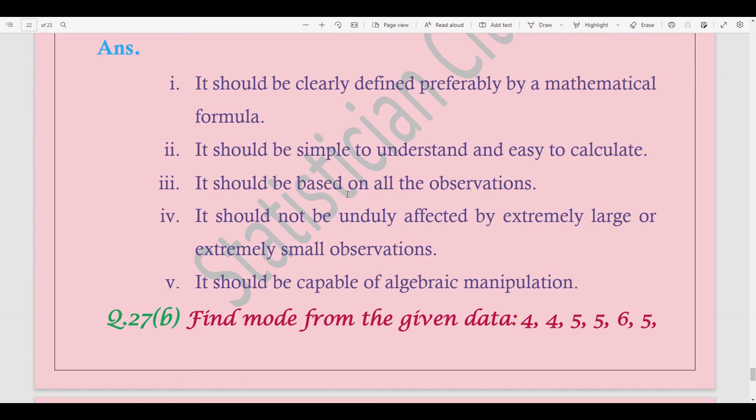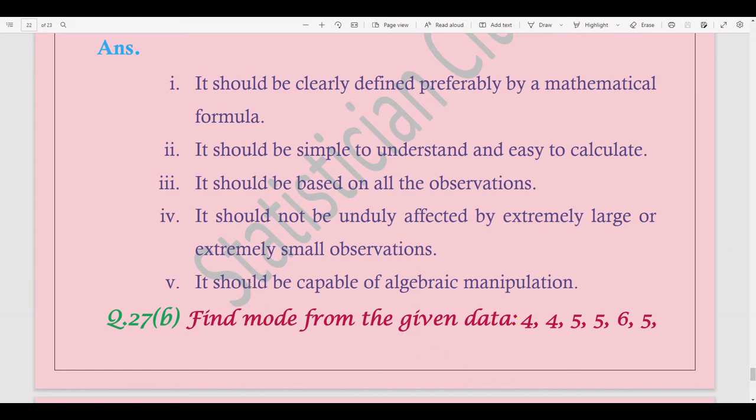We can calculate the mean or average from all observations. Number 4. It should not be unduly affected by extremely large or small observations. It means any observations which are lying outside the data set.